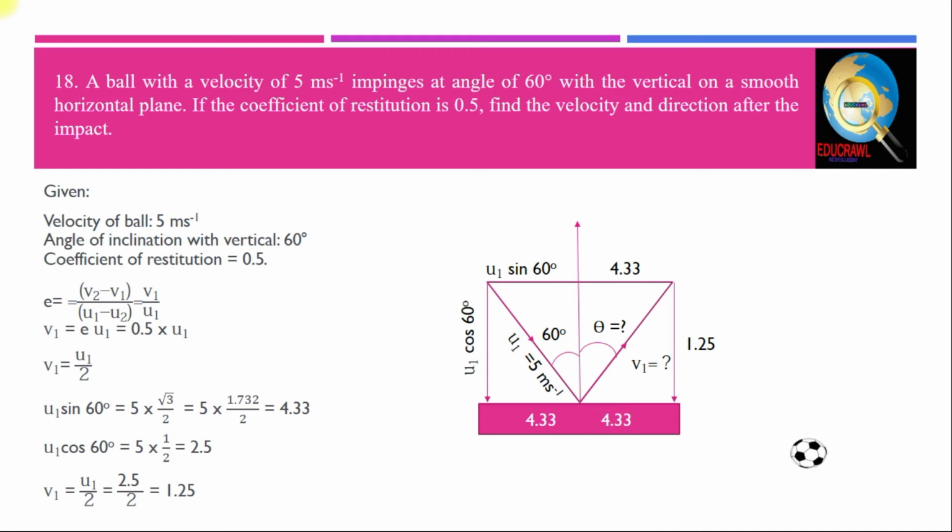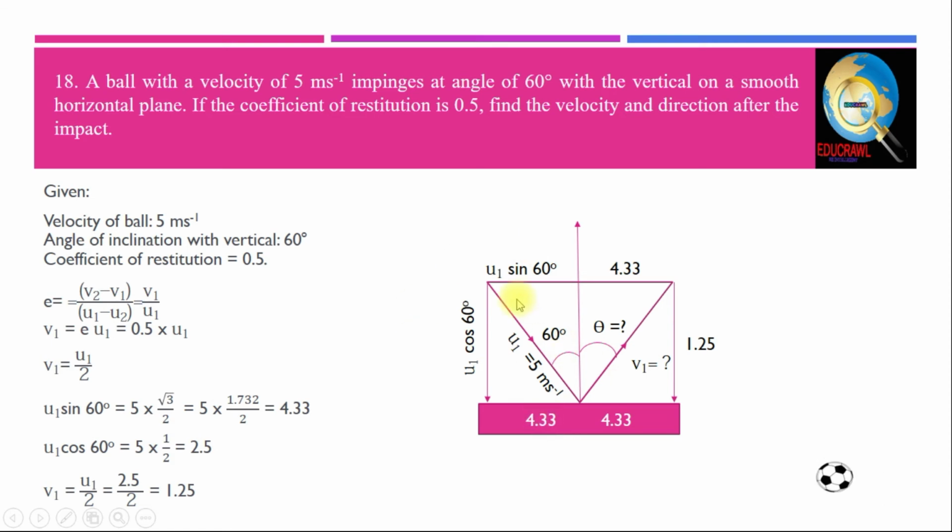So object 1 is the ball and object 2 is this pink color surface. So this surface will act as another object. This surface will be at rest before collision and after collision only. So the value of velocity before collision of this second object will be 0.